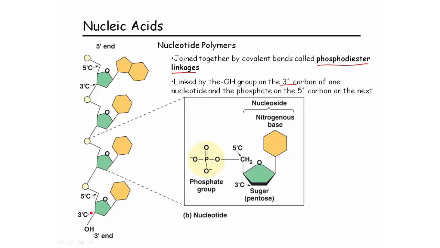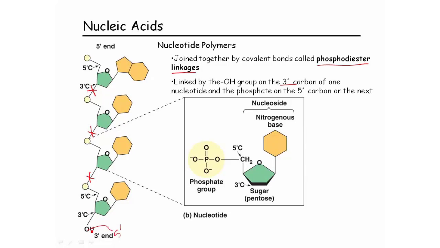So this 3' carbon right here, that would get hooked to a 5' end of the next. So if we just label these phosphodiester bonds, here would be one, here would be one, here would be one, and so on, down the molecule.